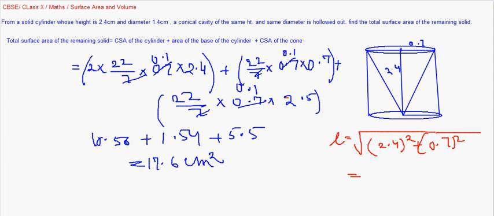Let's move on now to another question. I write the question as well. A gulab jamun can actually be of spherical shape as well as a cylindrical plus hemispherical combination.